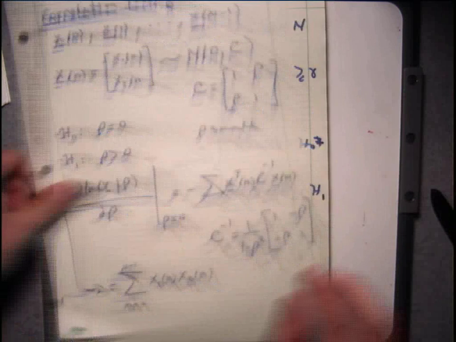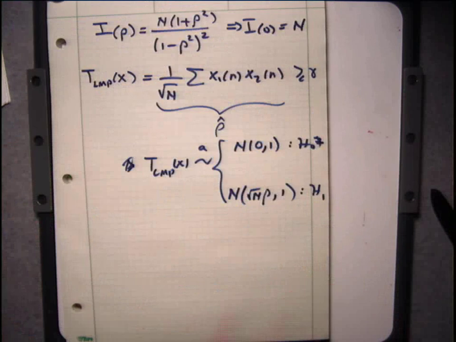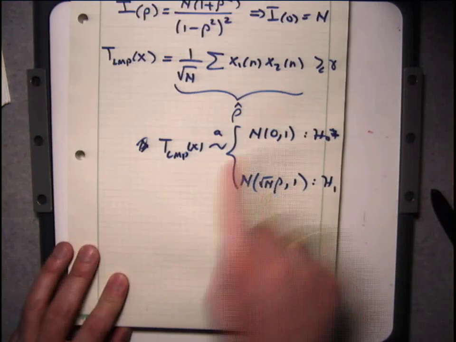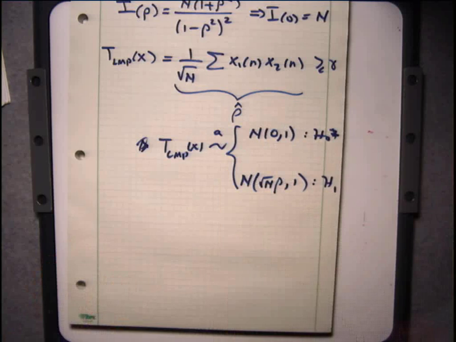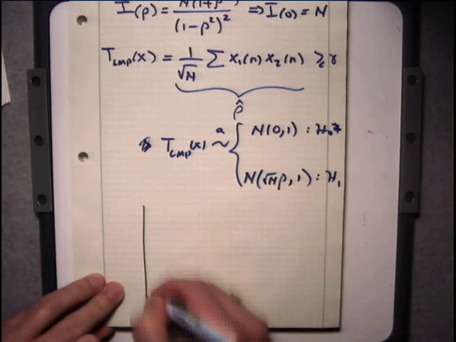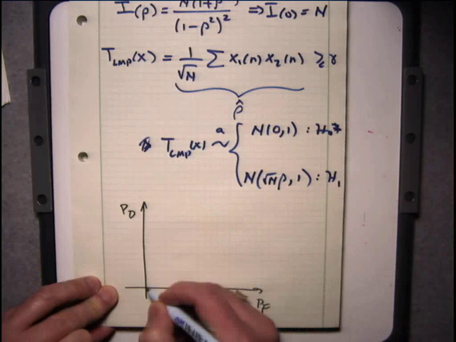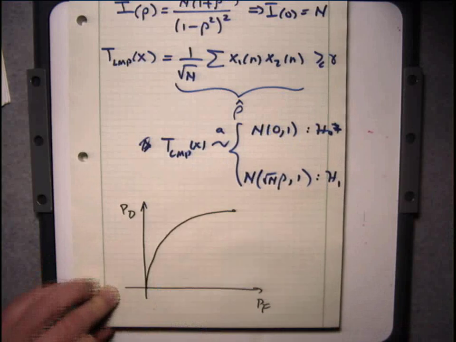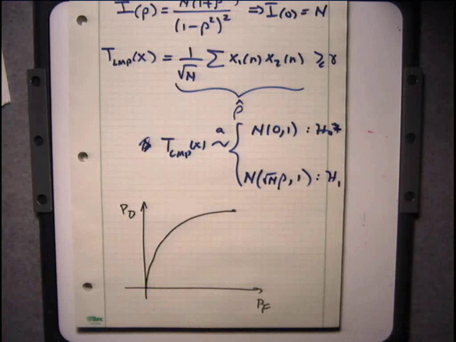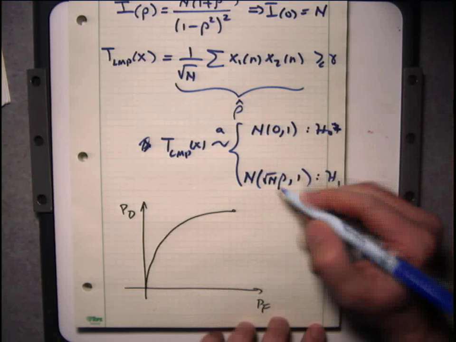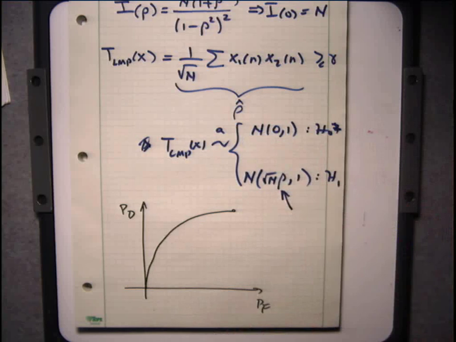Now, if you wanted to take this and actually compute a ROC curve for this, it may look something like this. You have these two quantities, but you also don't know what this rho is, right? In other words, this is something that was not given to you. You're just trying to test whether it's positive or 0.